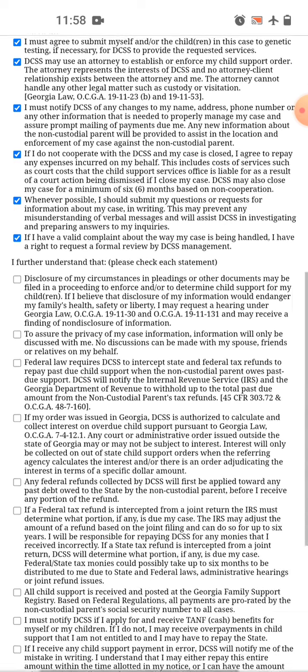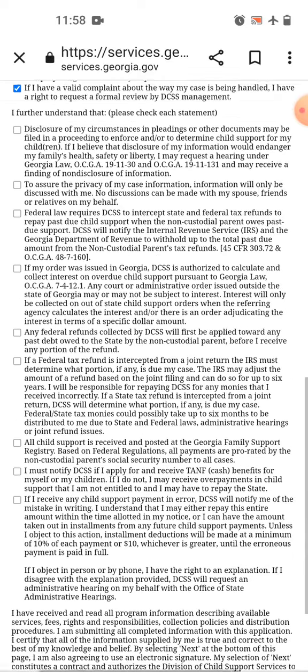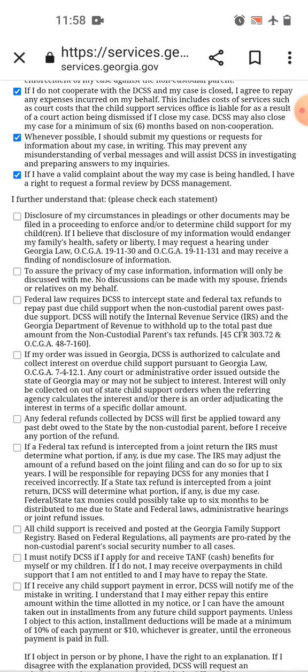Please check each statement. Am I gonna go down all these here? I think I should. Disclosure of my circumstances in pleadings or other documents may be filed in a proceeding to force and/or to determine child support for my child or children. Okay.